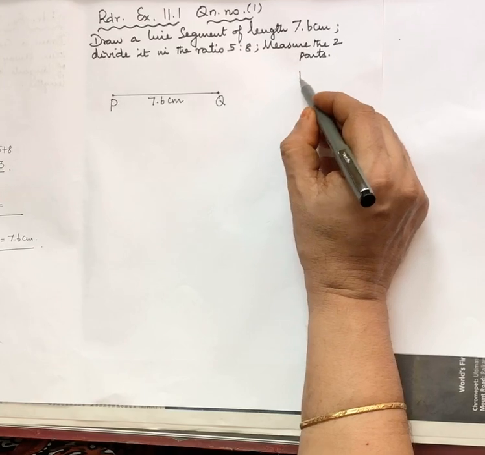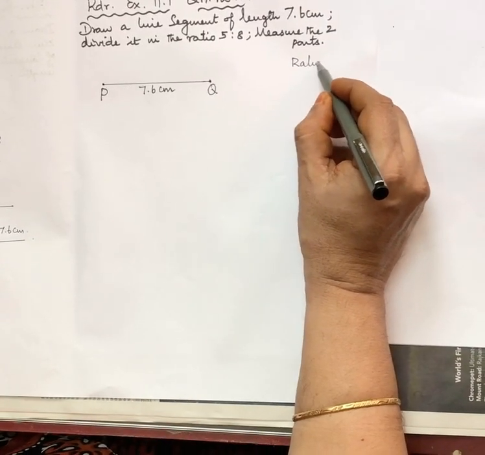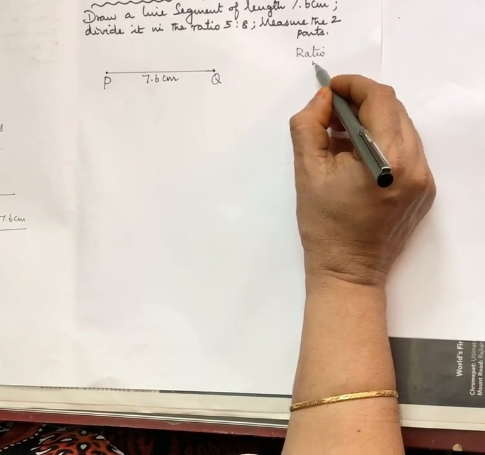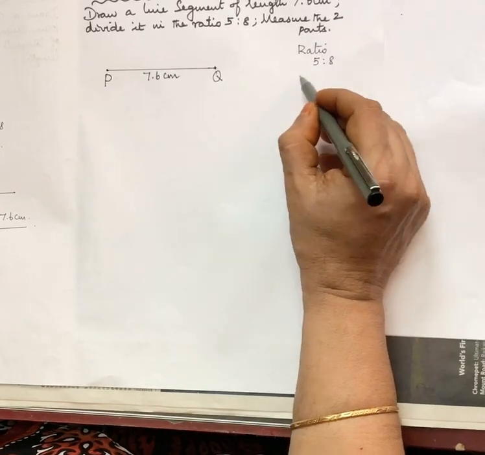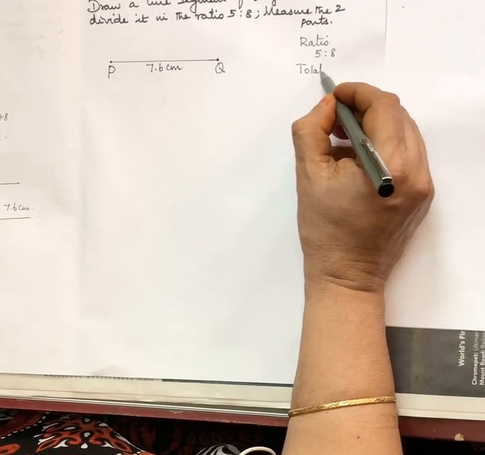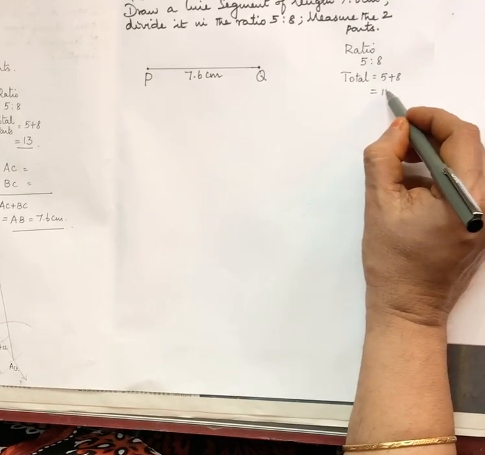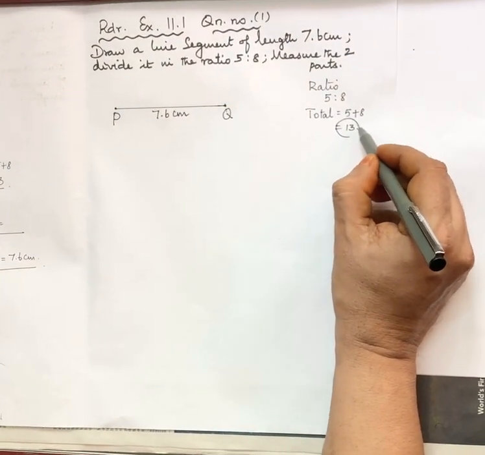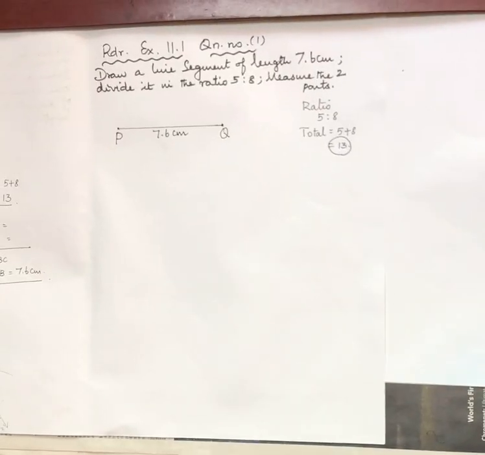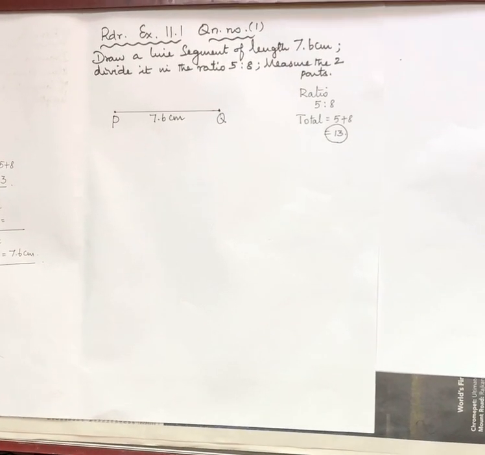Second part, you are given a ratio. So, go to the right side, write the ratio. Total parts of this ratio is 5 plus 8, 13. So, this total tells you the number of arcs you are going to make.